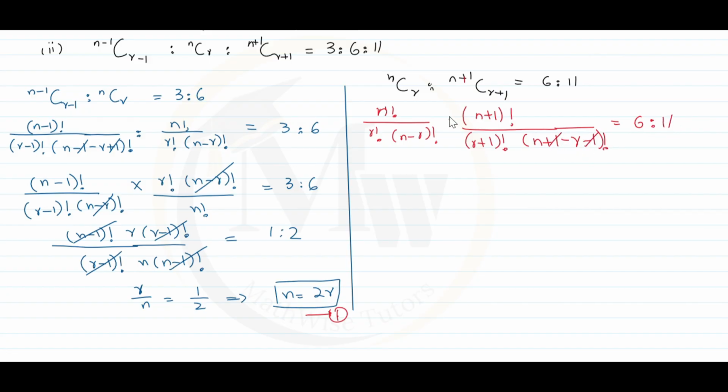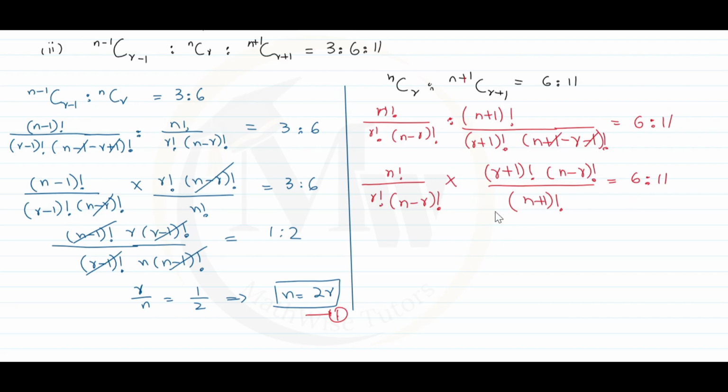Now minus 1 plus 1 is cancelled out and this divide is converted into multiplication. So n factorial over r factorial times (n-r) factorial, times the flip over, so (r+1) factorial goes on the numerator, and (n-r) factorial over (n+1) factorial equals 6 ratio 11.